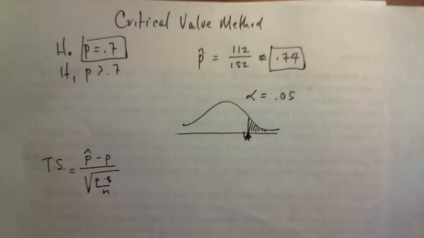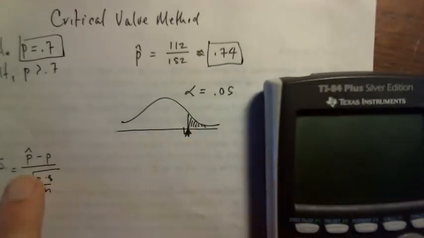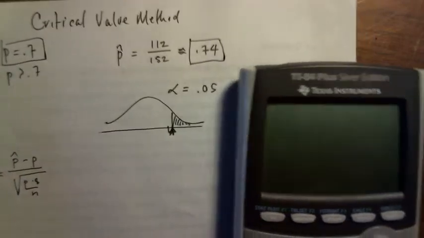So we're still assuming that that's actually p, and we're still looking at how unusual the p hat is, but we're just going to look and see, well, what's a critical value that's going to cut off the top 5% of test statistics? So basically all I have to do is look and see what that number would be here and then compare it to this test statistic.